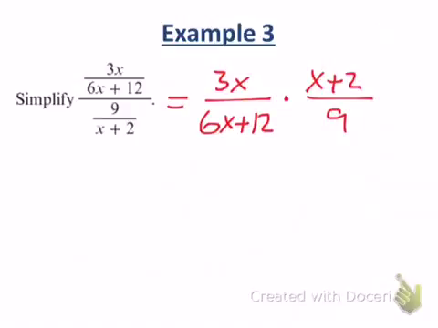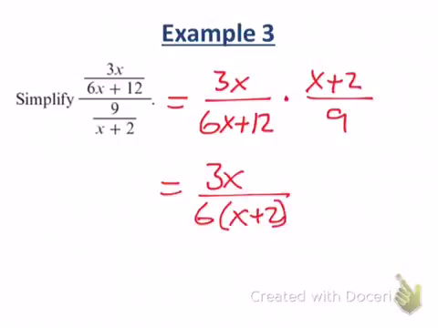Now, because we're going to have to simplify these things, doesn't it make sense to look for common factors at this point? Yes. Now, how do we look for common factors? By doing what? By factoring. Is there any expression here that can be factored? 6x plus 12 can be factored as 6 times x plus 2, and that's great because I can see now that I have some common factors that can cancel, right?